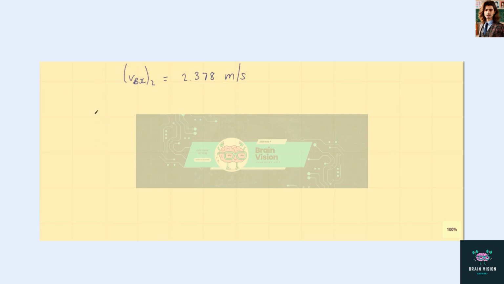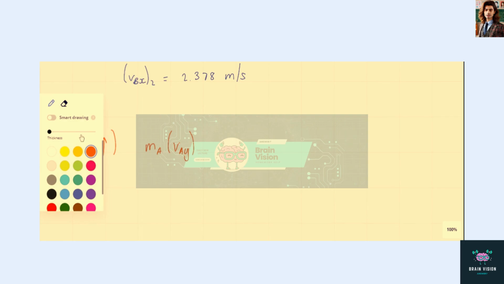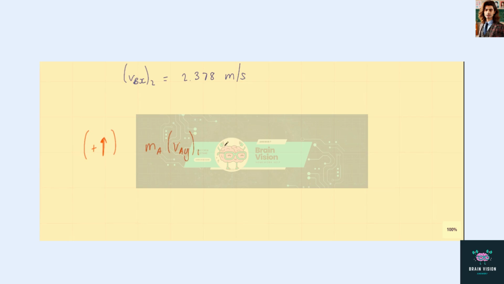Now let's look at the vertical components. If we take the up direction as positive and look at the vertical components of the momenta, we get that mA VAy1 equals mA VAy2, since remember A has no vertical components.